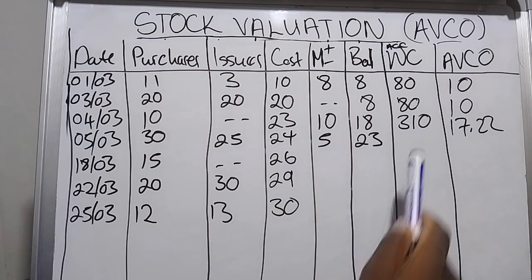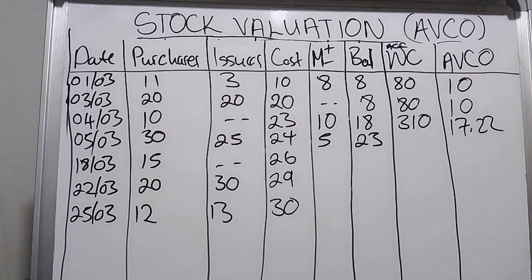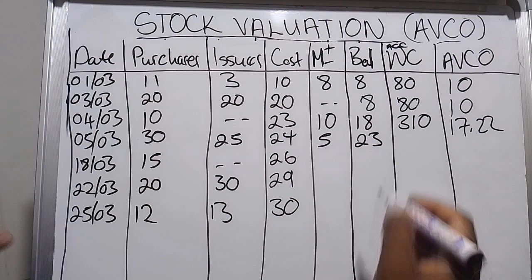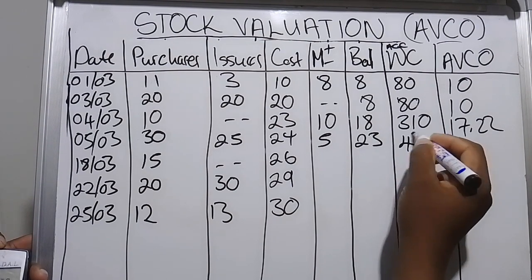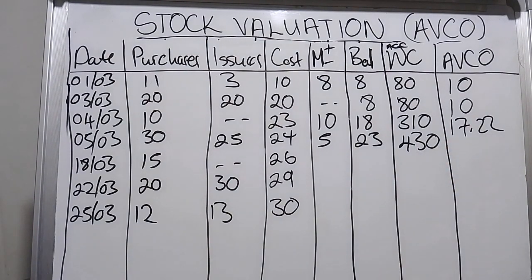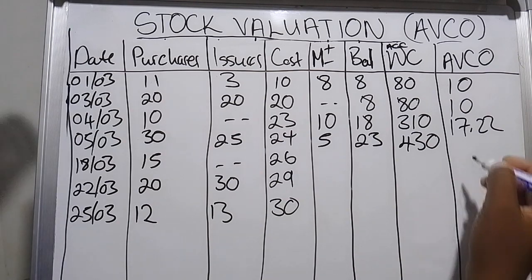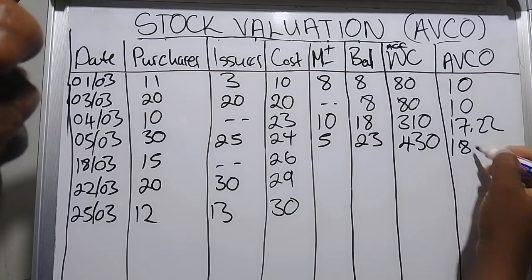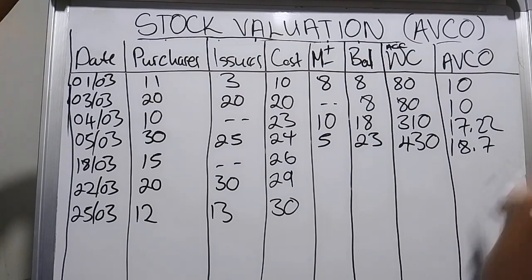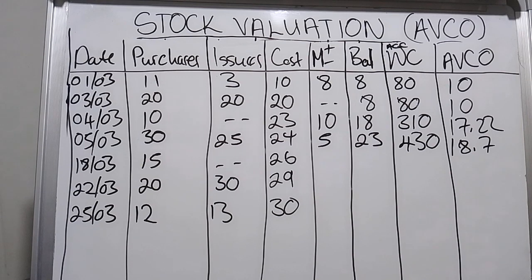That 120 we add here. 120 plus 310, we come up with 430. Now 430 divided by 23, we come up with 18.69 or 18.7. Let me just put 18.7 as our new average cost.